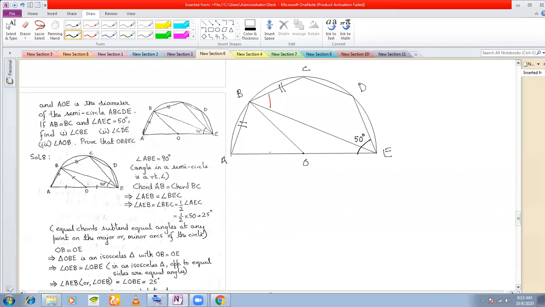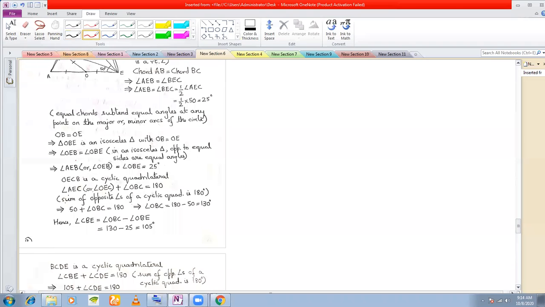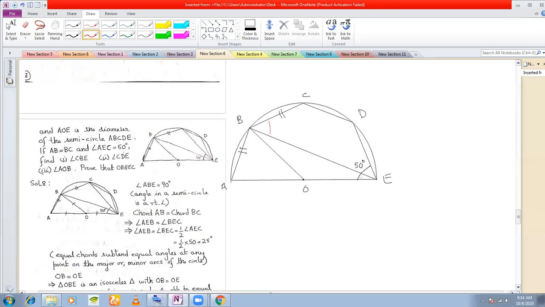So if you see the diagram, first of all, can you see cyclic quadrilaterals in the diagram? In fact, I think I have made a mistake here. OECB is not a cyclic quadrilateral, because O is the center and does not lie on the circumference of the circle.